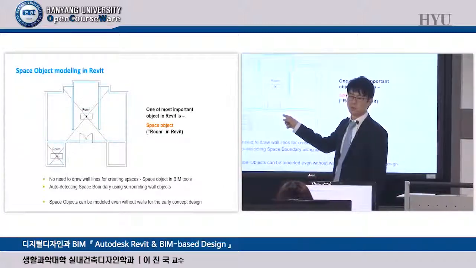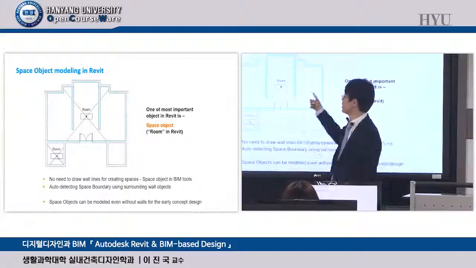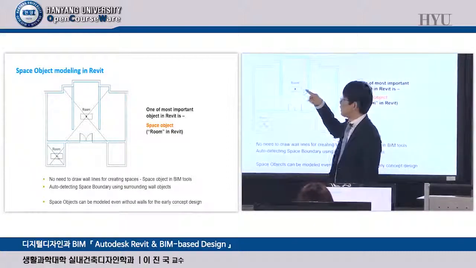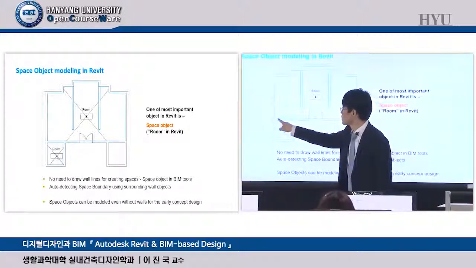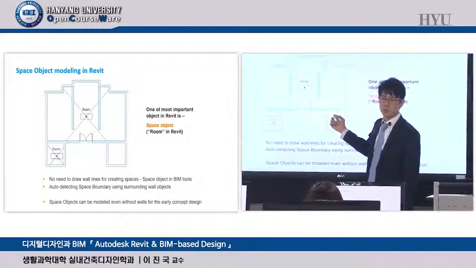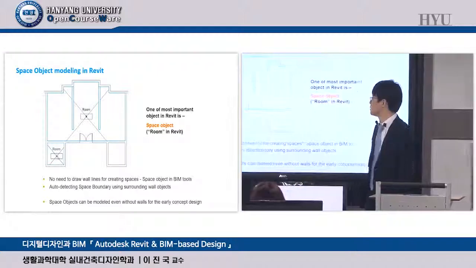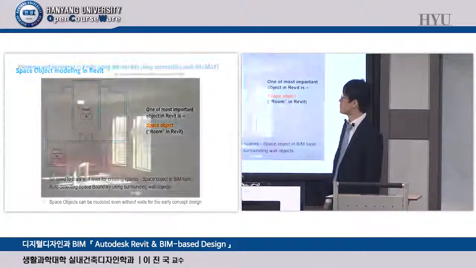You don't need to do lots of things. What you need to do is simply click room and mouse over the room and then take a look, these blue lines. This is the auto-detected boundary of this room, okay? Auto-detected. Just simply click it and name the room, that's it.